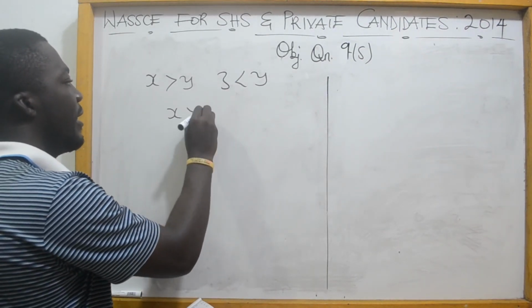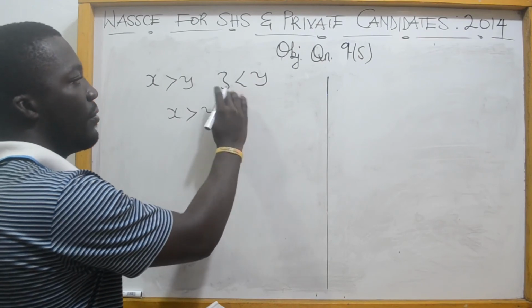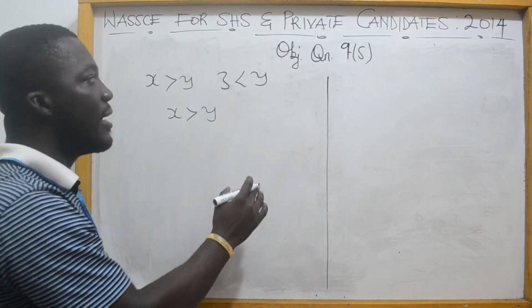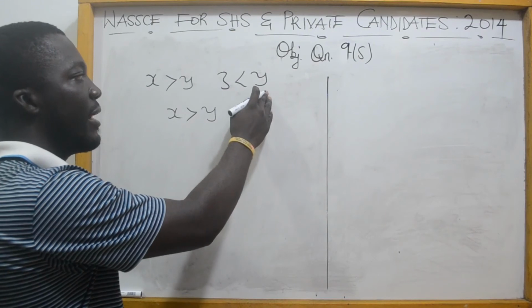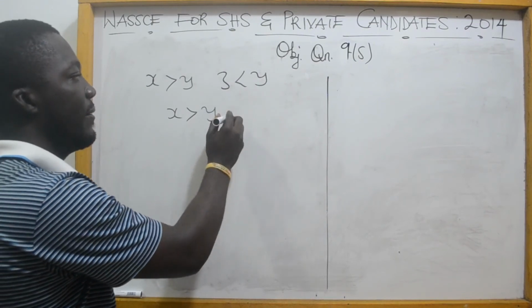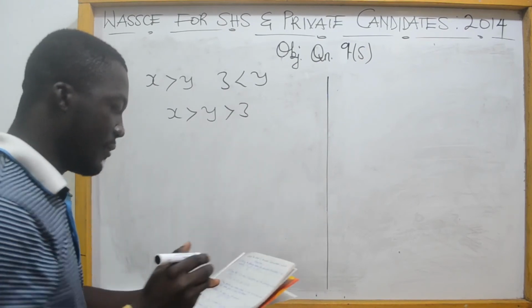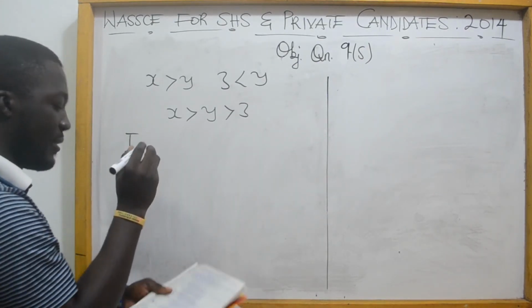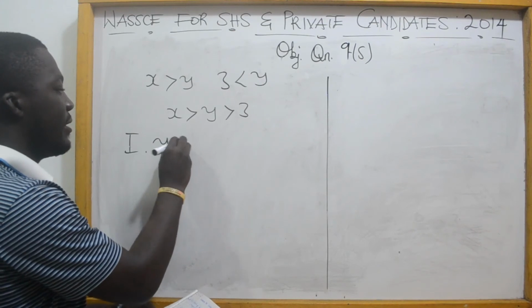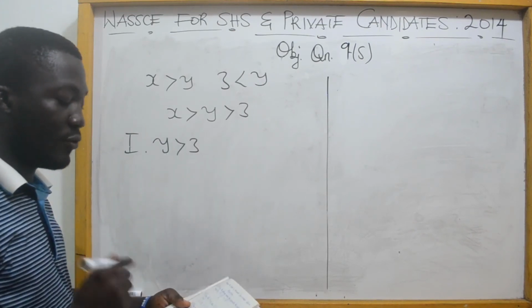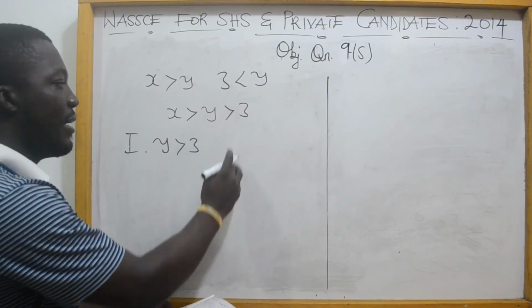x is greater than y. And when you look at this, we are saying that y is greater than 3. So the first part says that y is greater than 3. Is it true? Yeah, y is greater than 3.